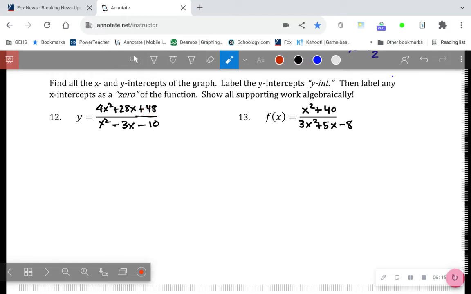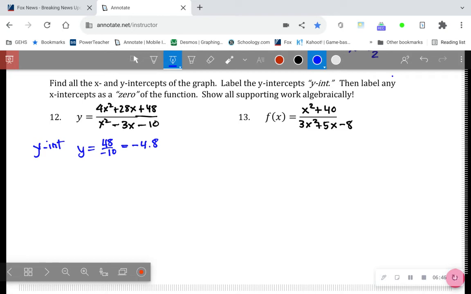And the bottom, you'd have 0 times 0, 0 times -3, and you end up with just this -10. So when you're doing the y-intercepts, you're going to simply set all the x's equal to 0, and you get 48 over -10, which is -4.8. That's your y-intercept.